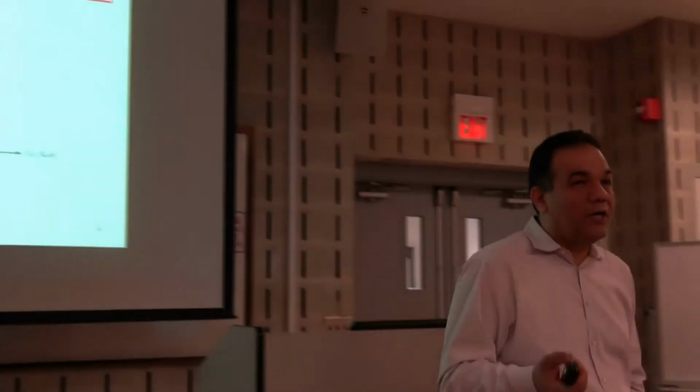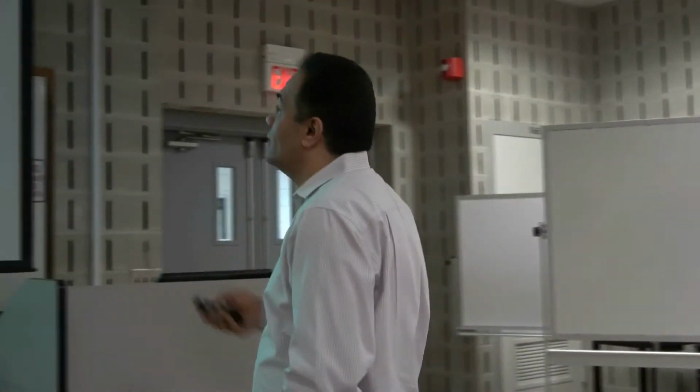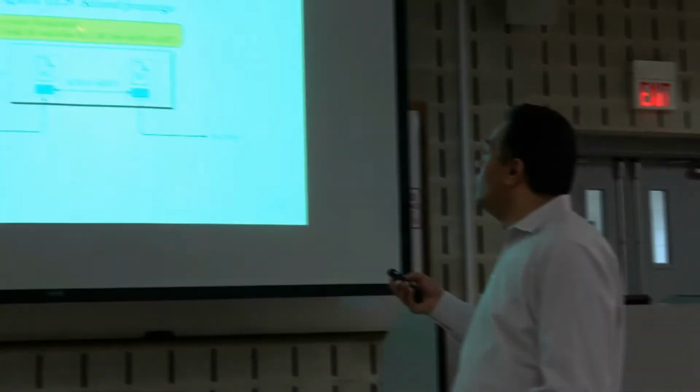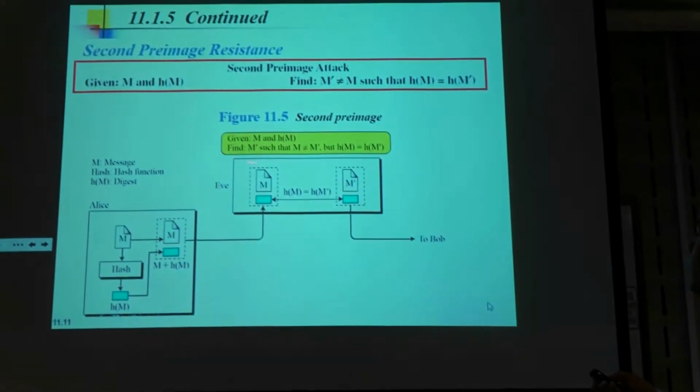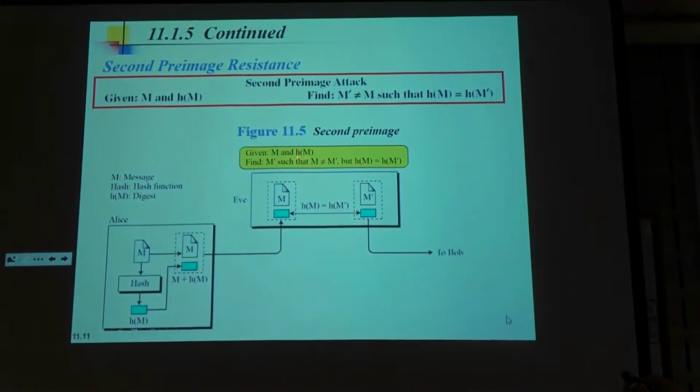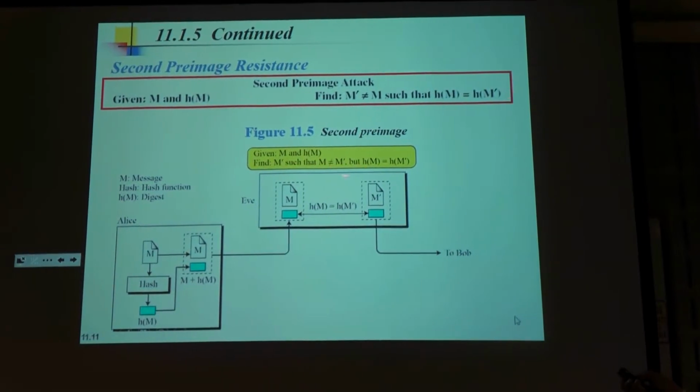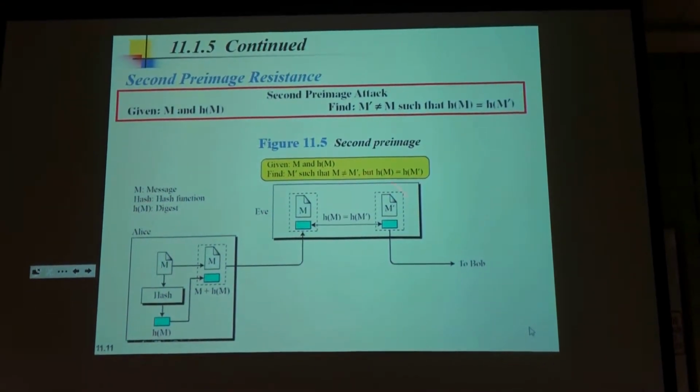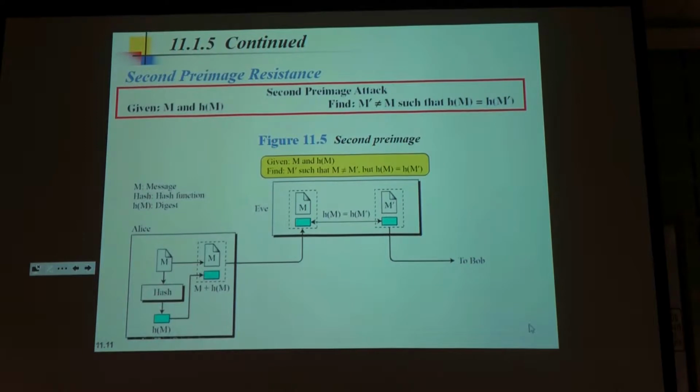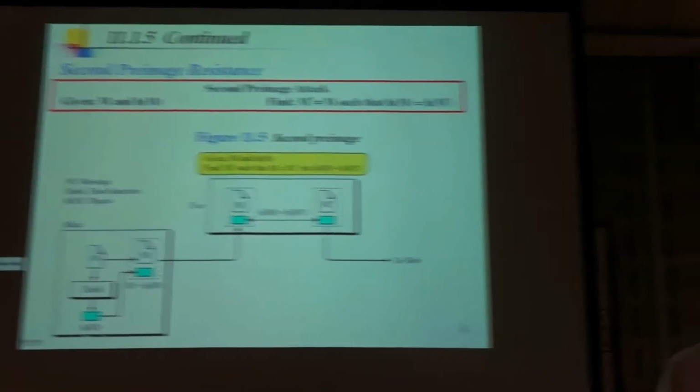Bob receives it, checks the digest, and it's good. But that's a problem. So, given m and h of m, find m prime, where m does not equal m prime but the hashes are equal. This is the second preimage attack. It's bad. Any hash function we use should have second preimage resistance.